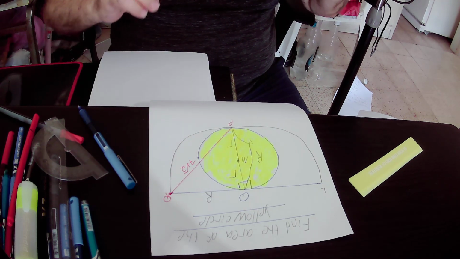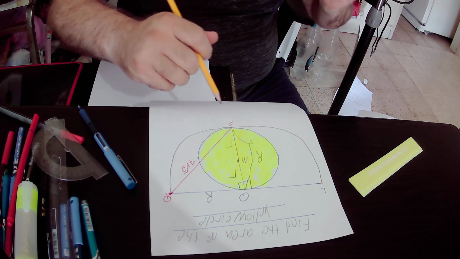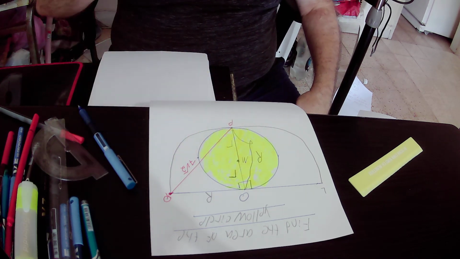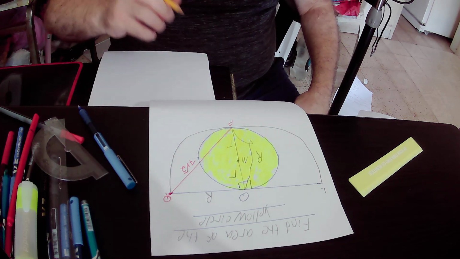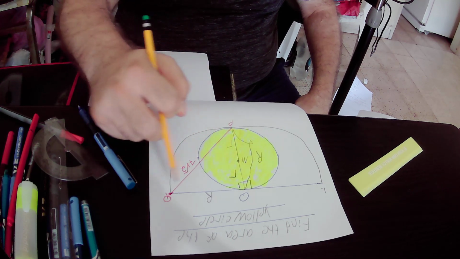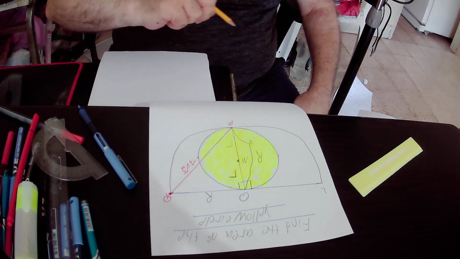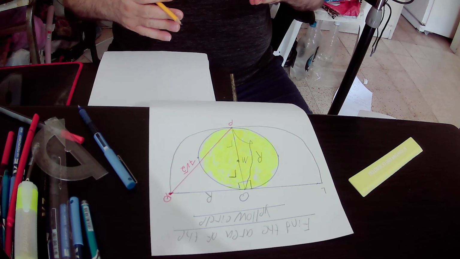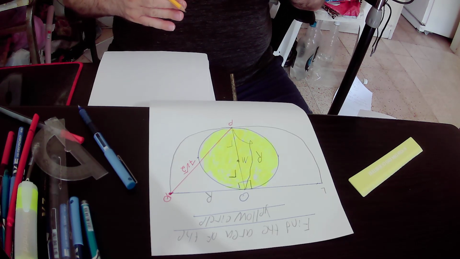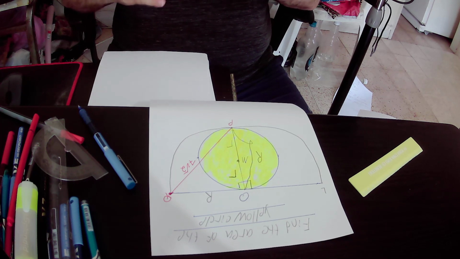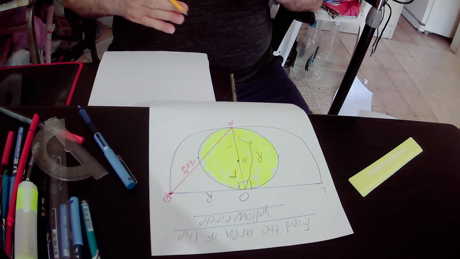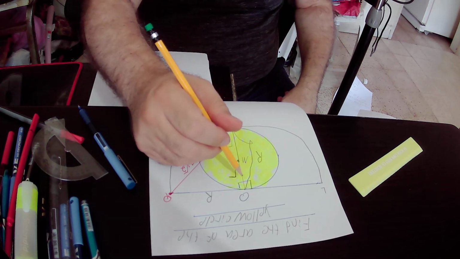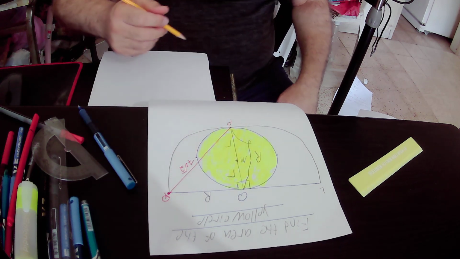For that reason, POQ equals 90 degrees, because the radius is perpendicular to OQ. So it creates 90 degrees between itself and the tangent.